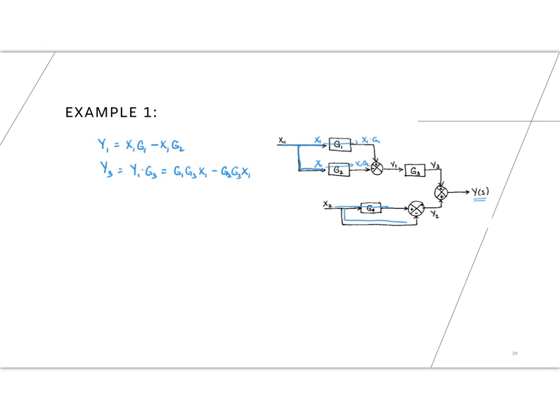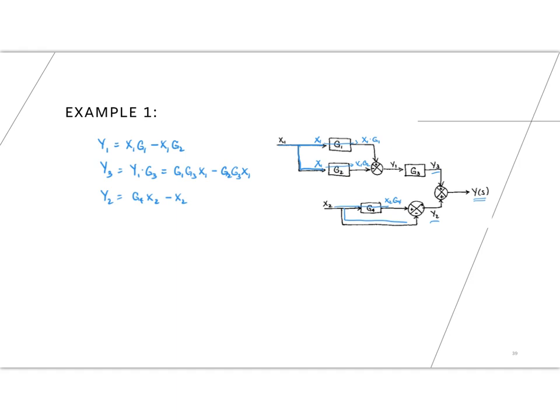This time one branch goes through g4, so this is x2 g4. The other one has no multiplier, since it doesn't go through a transfer function. I'm going to subtract it to get y2, which is g4 x2 minus x2. So I have y2, I have y3, and to get to y, I just simply need to add those.